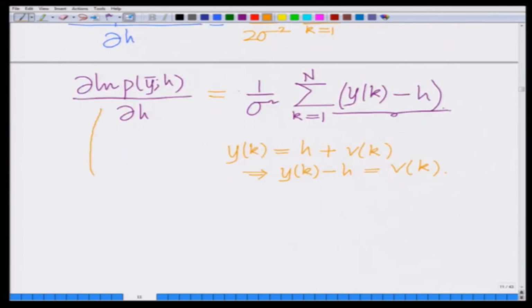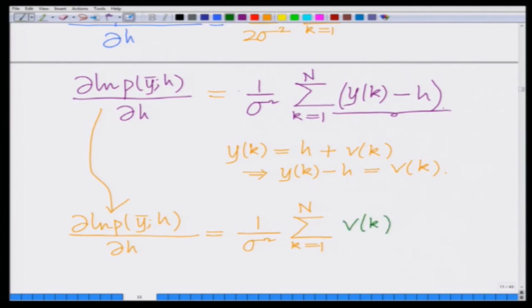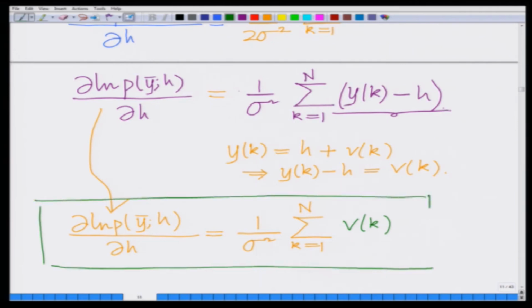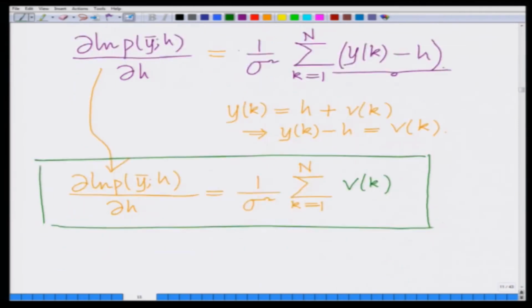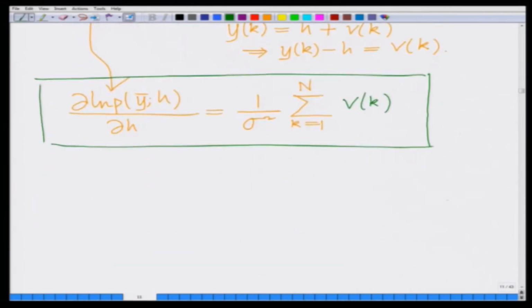This implies the derivative of the log likelihood function p of y bar h with respect to h equals 1 over sigma square, instead of y k minus h, simply replace that by your quantity v k. That is 1 over sigma square summation k equals 1 to n v k, that is the derivative of the log likelihood function.